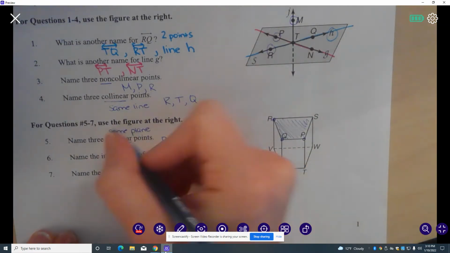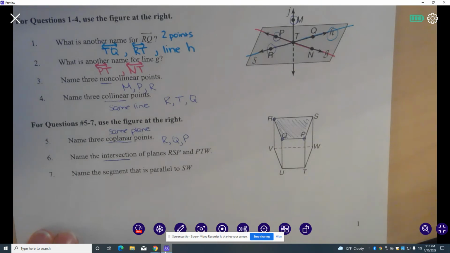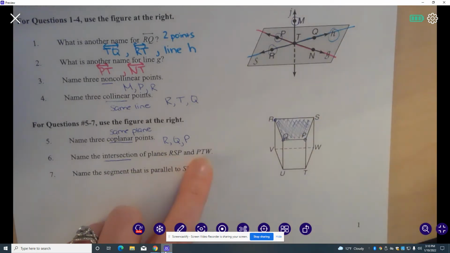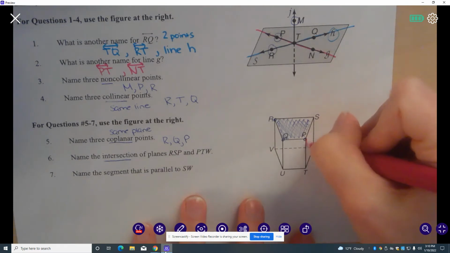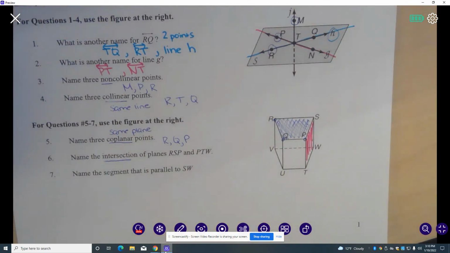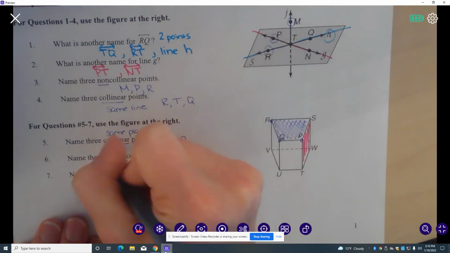Number 6, name the intersection of planes RSP and PTW. So plane RSP, that's this plane here that I've already shaded, and plane PTW would be the side here. Okay. And remember, intersection means where those 2 planes touch or cross.